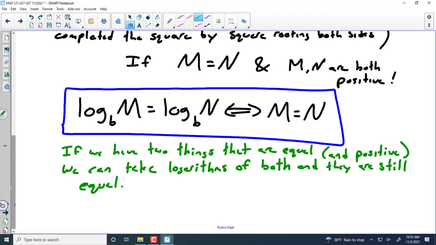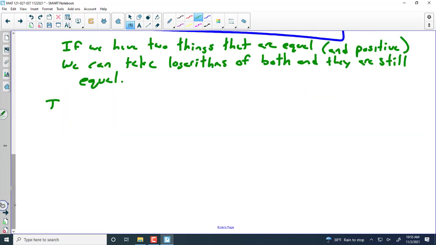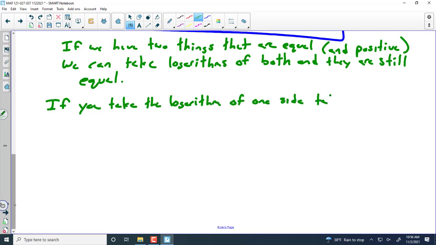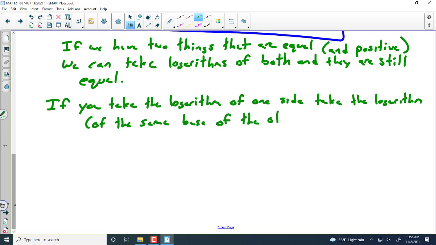And the new one is this. If you take the logarithm of one side, take the logarithm of the same base of the other.